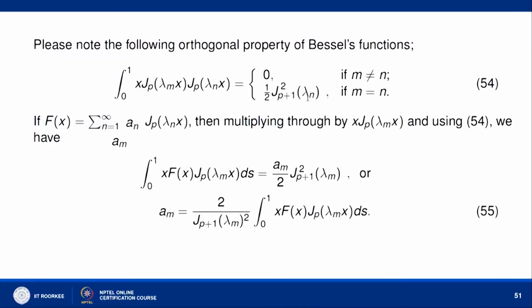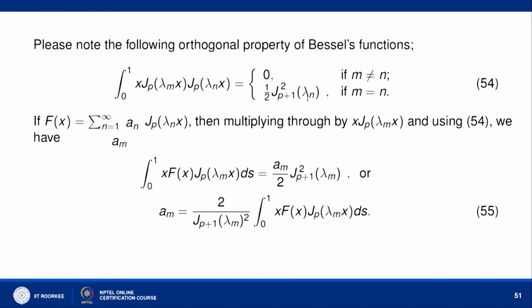It is given as 0 when m is not equal to n, and as 1 upon 2 J_{p+1}^2(lambda_n), that is J_{p+1}(lambda_n) whole square, when m is equal to n.